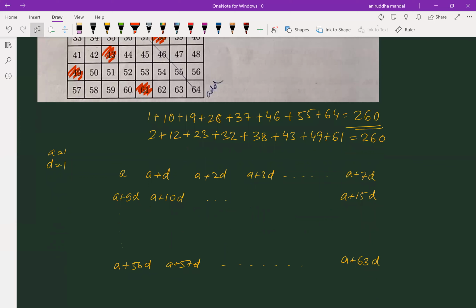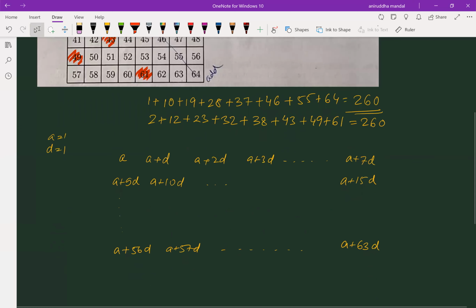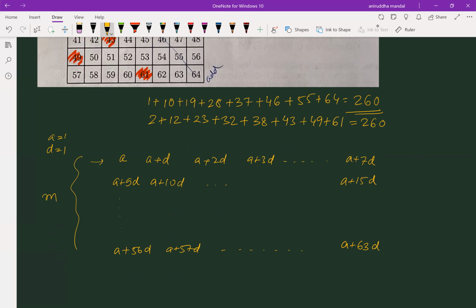write this in terms of row and column. Let m be the number of rows and n be the number of columns. So this is the first row, second row, third, fourth, and this is the eighth row, and this is the first column, second column, third column, fourth column, and so on.